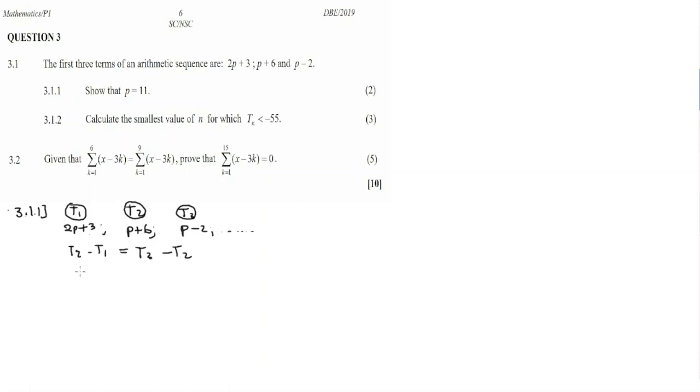So therefore, by doing this sengine equation ke manje, t2 p plus 6 minus t1 is 2p plus 3 equal to t3 p subtract 2 minus t2 p plus 6.